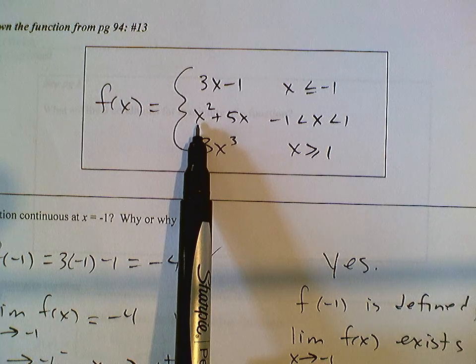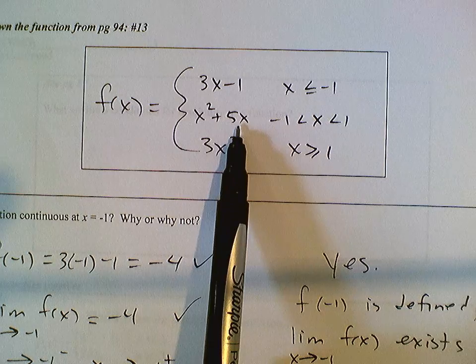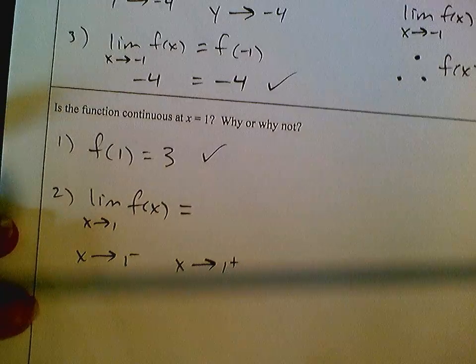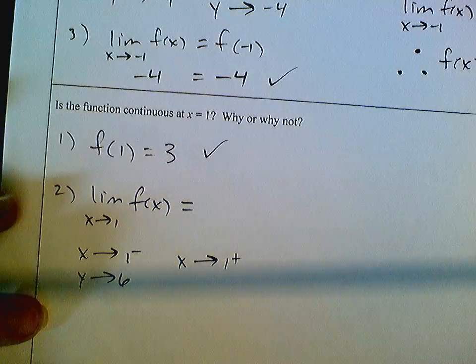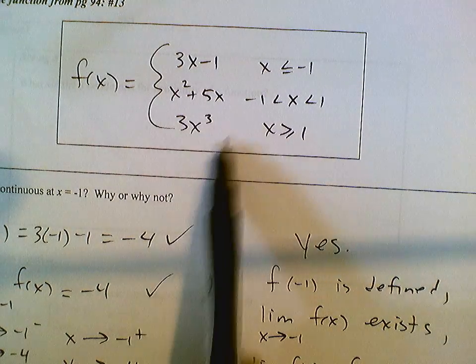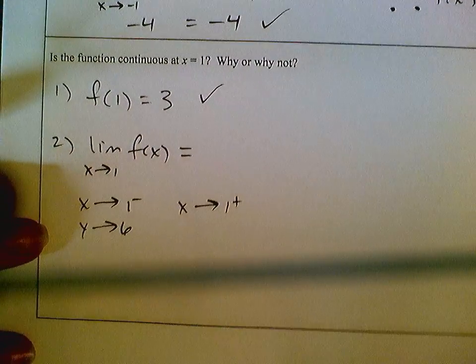As x is approaching 1, this is approaching 1 plus 5 is 6. So the y's are approaching 6. Now 1 from the right, we're going to be on this interval now, we're using this piece, and those y's would be approaching 3.